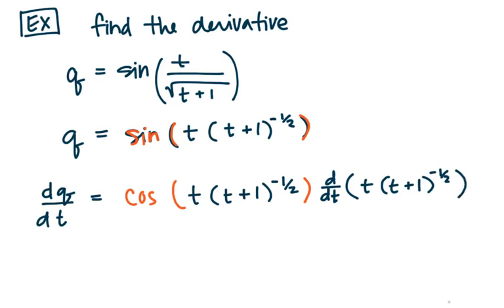So now I'm faced with finding this derivative. And this is t times t plus 1 to the negative 1/2. So we are going to need to use our product rule right here. So we can think about that as a first, and then all of this as a second.